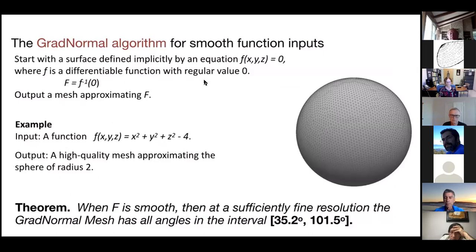In fact, that was produced by the algorithm. And if you look, I don't know if you can see it on your screen, but those triangles are very close to equilateral, most of them. And the theorem says that if you take a sufficiently fine triangulation, you'll get angles inside this range. Of course, if you took a very rough triangulation, you might not be able to do that.